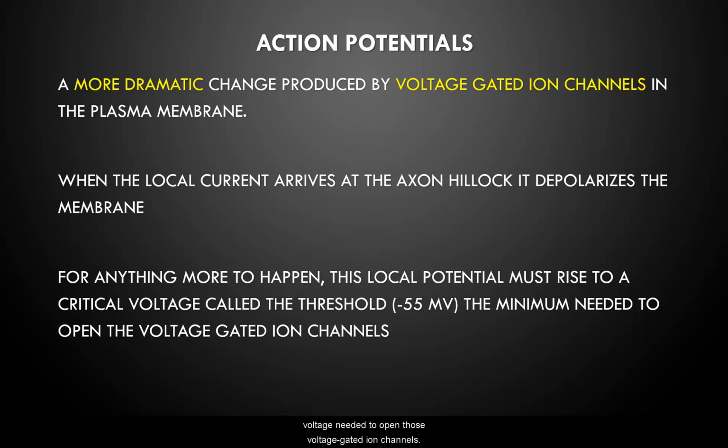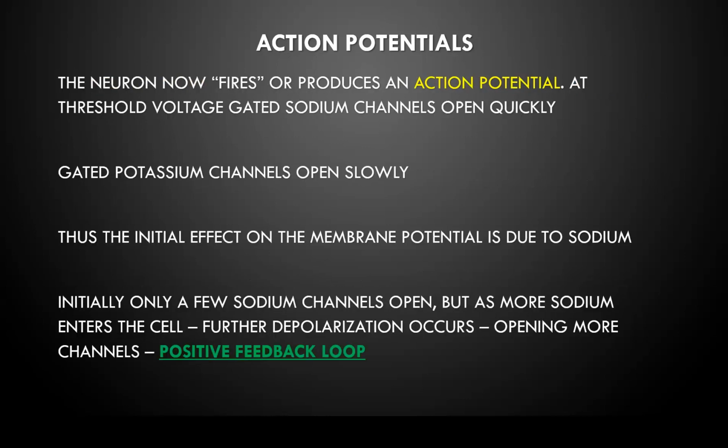This is the minimum voltage needed to open those voltage-gated ion channels. Once that happens, the neuron now fires or produces what is called an action potential. Because at that threshold, the voltage-gated sodium channels open quickly, and all of this sodium rushes in.